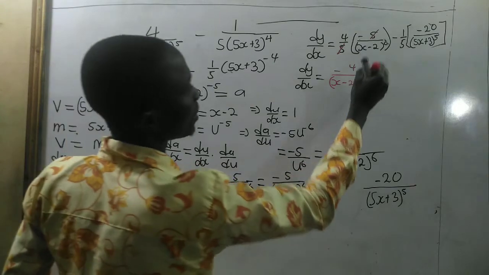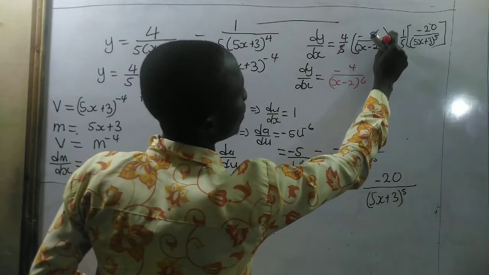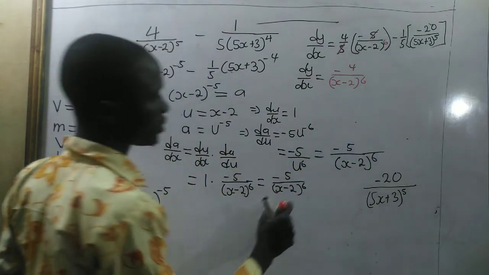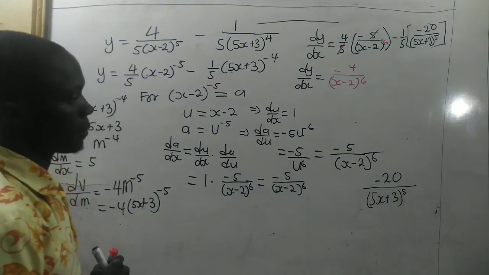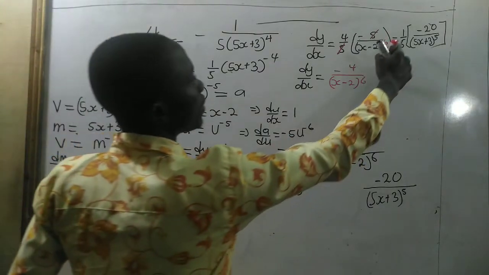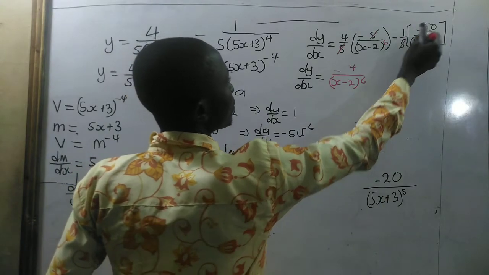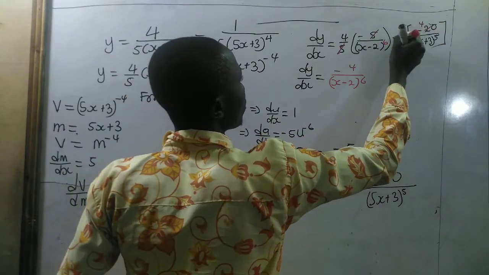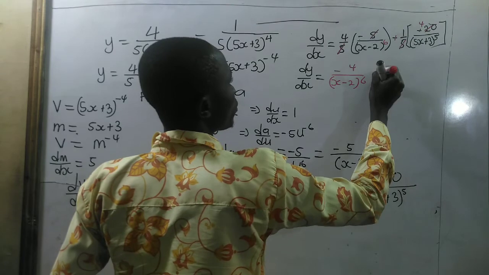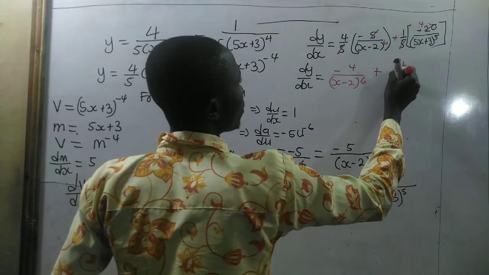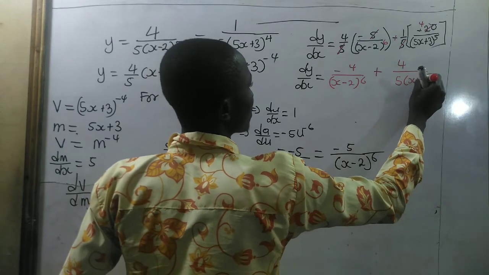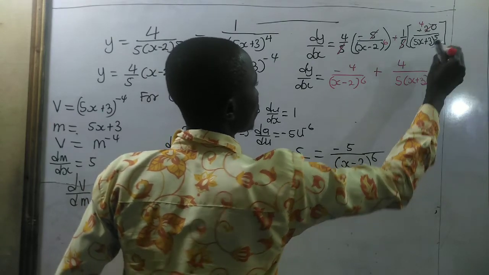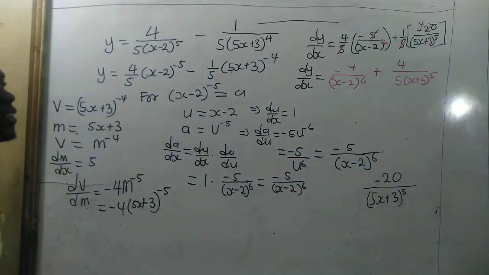Yes, it's to the power 6. That's what we have here. And this will cancel this to give us 4. Negative times negative is positive. We're having 4 divided by 5 into brackets x plus 3 to the power 5.